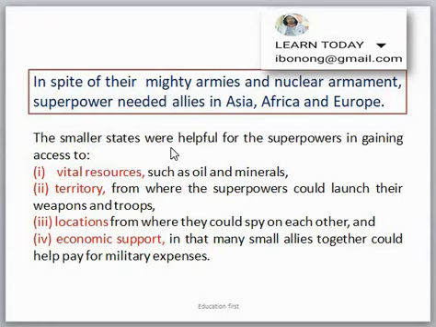The smaller states are helpful for the superpowers in gaining access to, number one, vital resources such as oil and minerals; number two, their territory, from where the superpowers could launch their weapons and troops; number three, their locations, from where they could spy on each other; and finally, economic support, where many small allies could combine together to pay for military expenses.